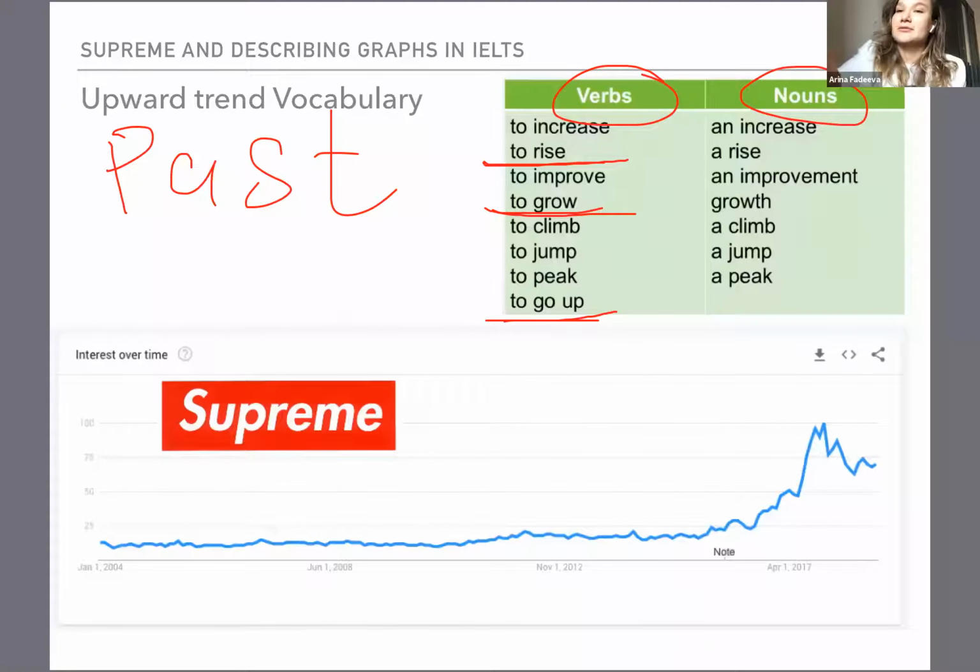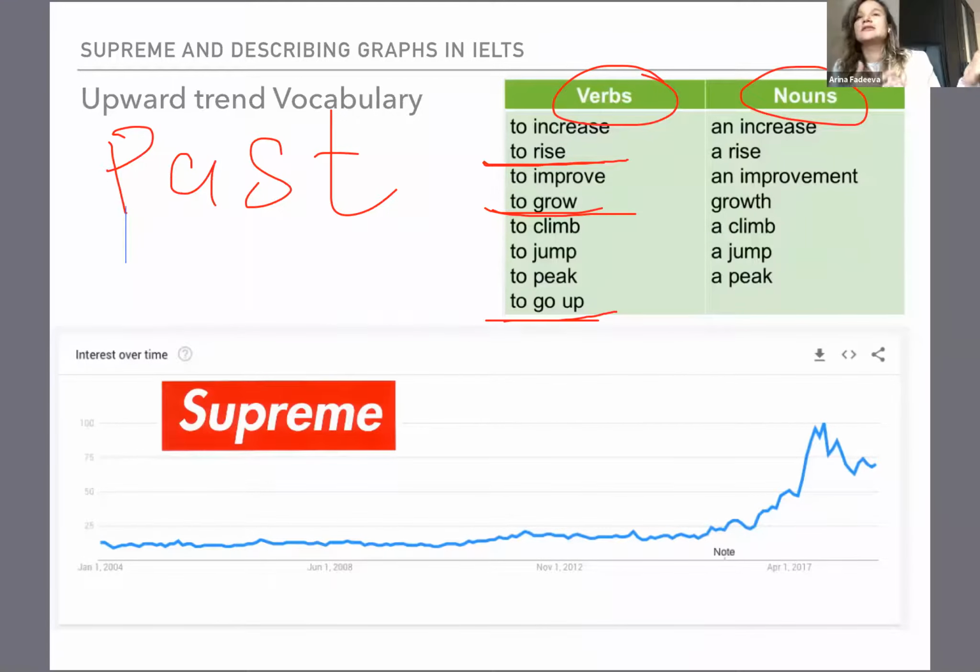So the past form of rise is, come on, don't be shy. I'm pretty sure you know. The past form of rise is rose, exactly. All right, be careful. Rises is good, but when it's present.